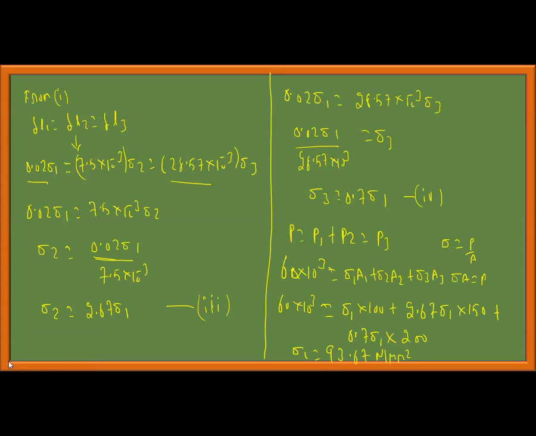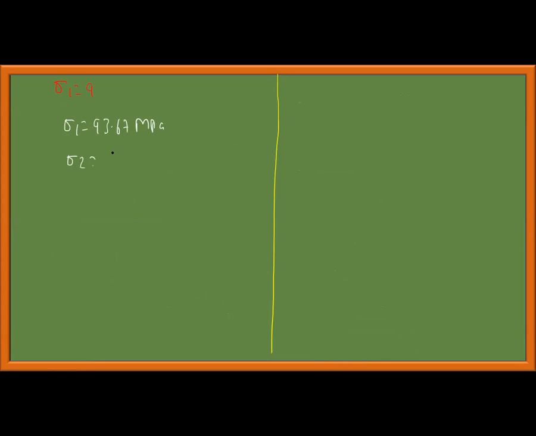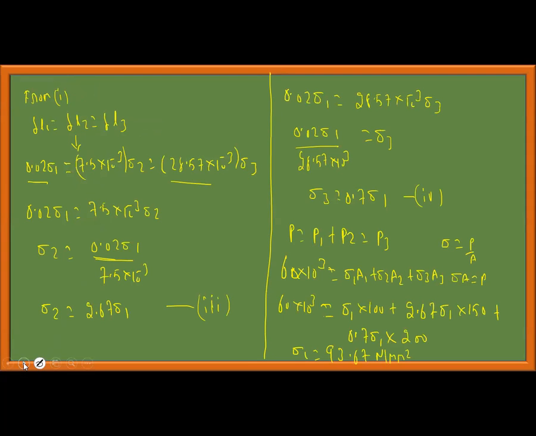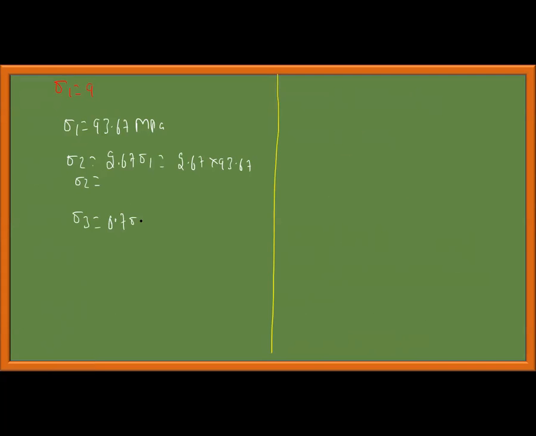Sigma 1 is equal to 93.67 MPa. Sigma 2, from the previous relation, is 2.67 times sigma 1, which is 2.67 into 93.67. Now you tell me what is sigma 2. Sigma 3 is 0.7 times sigma 1, which is 0.7 into 93.67. Tell me what is sigma 3.